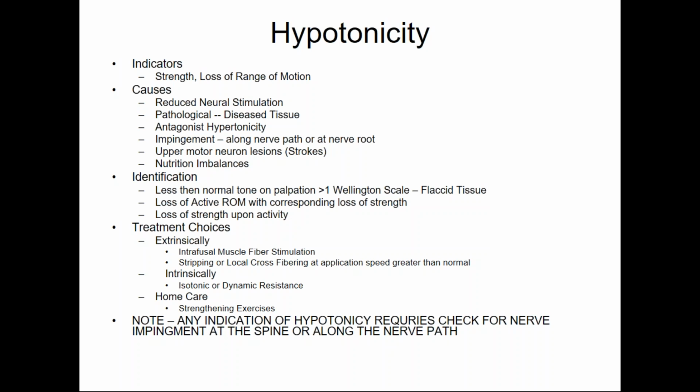So if the motor unit is not firing properly, you can stimulate throughout the entire muscle and indirectly cause a single section within the muscle to increase its tone, because the muscle fibers are not isolated to just that one area. You could use other segments within the muscle through the motor unit to cause the contraction, increase tone. So when you're doing intrafusal muscle fiber stimulation, you don't have to be so targeted just at the muscles that appear to be without tone. You can target it around the area as well and still have a positive effect.